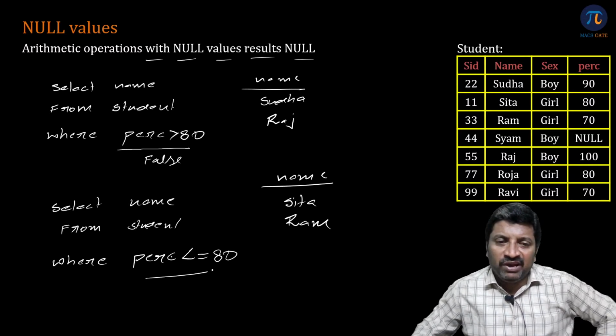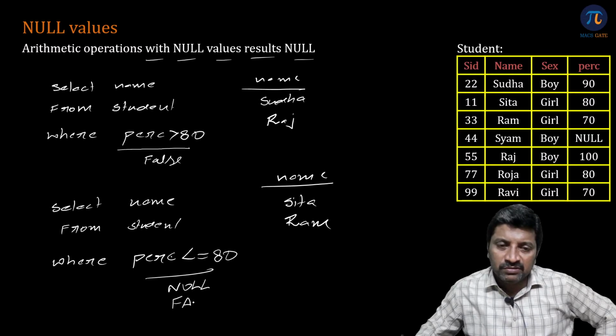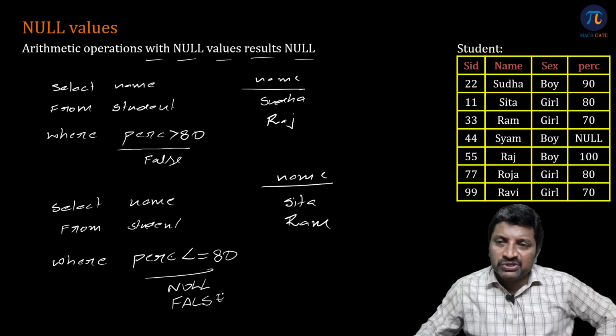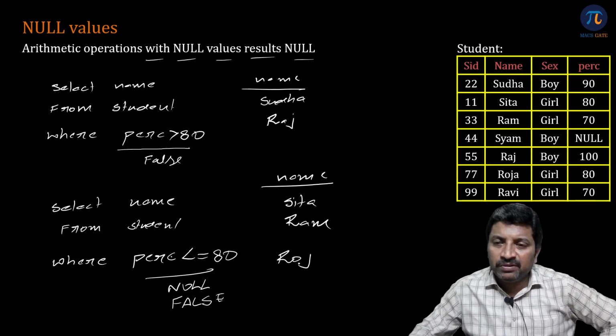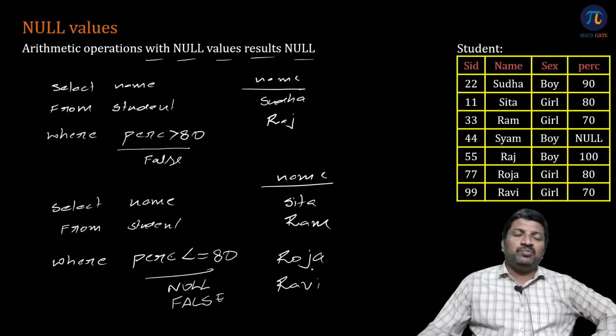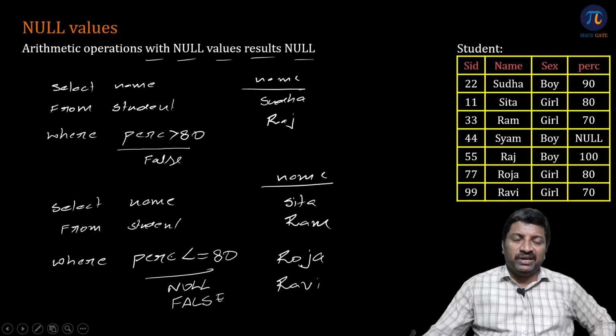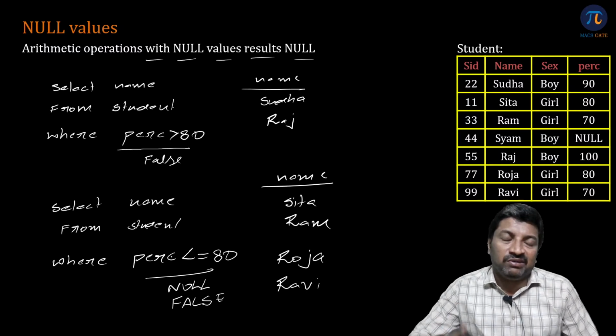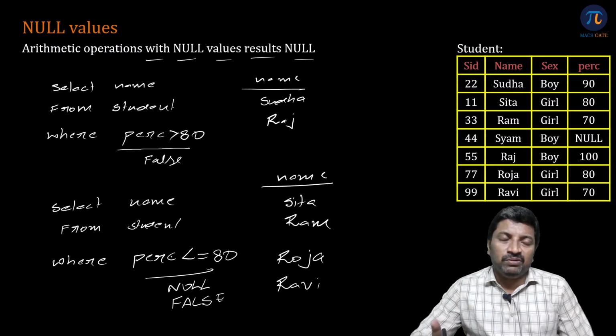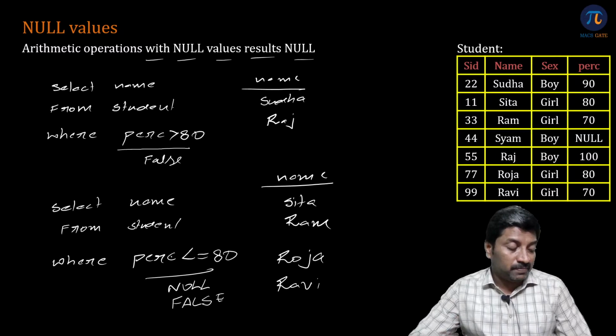Now for the null value, again it will give null, so it is false. So here also Sham will not be displayed. Then Rosa will be displayed. Ravi will be displayed. Hope you understood it. So when you are applying the arithmetic operators, whatever the condition may be, the result is always null, which is equivalent to false.